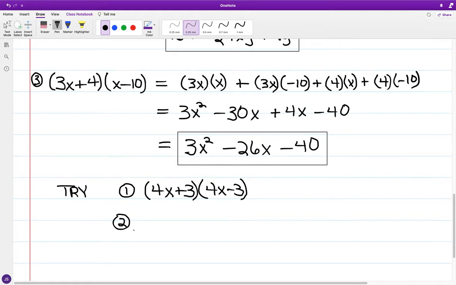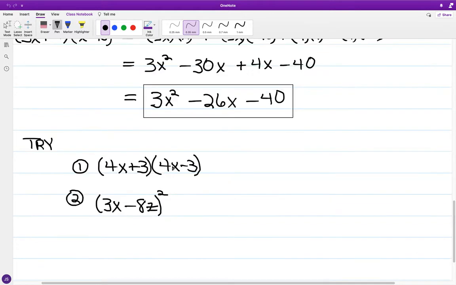Also, let's see what we get for 3x minus 8z raised to the second. For the next few moments, let's see what products we get for these particular sets. Some of you might still be working on these items, and that's okay.